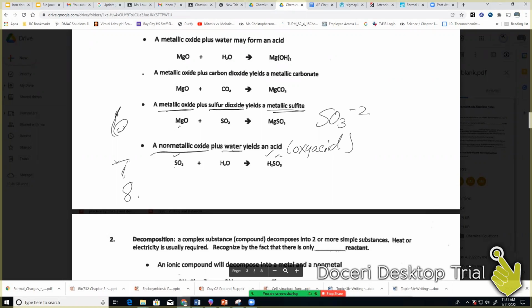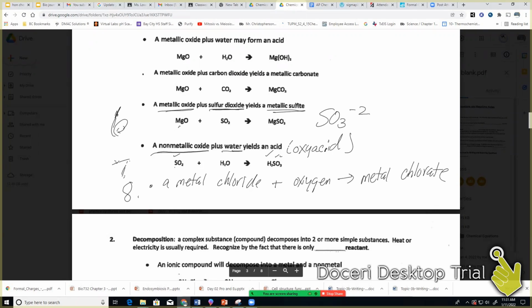And the last one that y'all need to add in, if you'll add a metal chloride plus oxygen, is going to give me a metal chlorate.